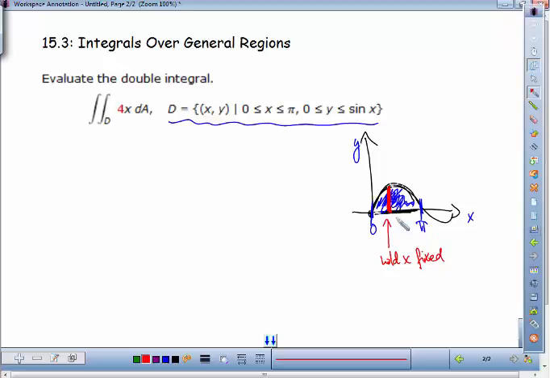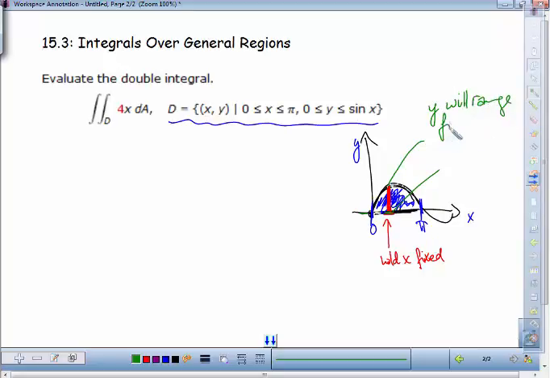And then your y is going to range from y is equal to 0 to y is equal to sine x.